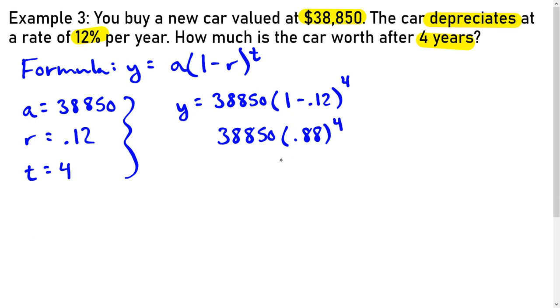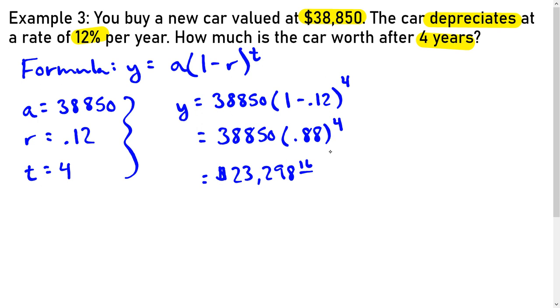Plug that into your calculator and you're going to get that y is equal to $23,298.16, okay? So your almost $40,000 car is worth just a little over $20,000 4 years after you buy it if it's depreciating at 12% per year, okay?